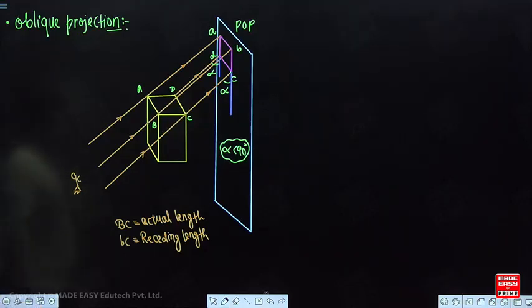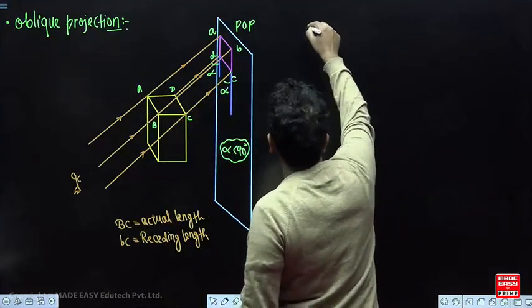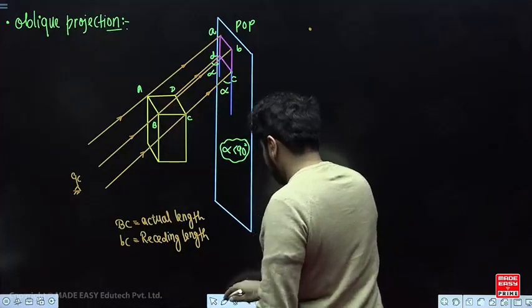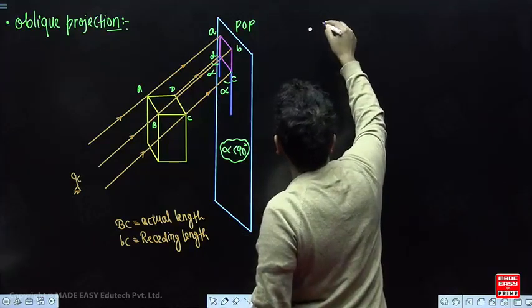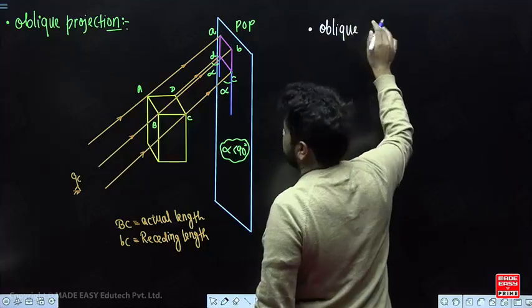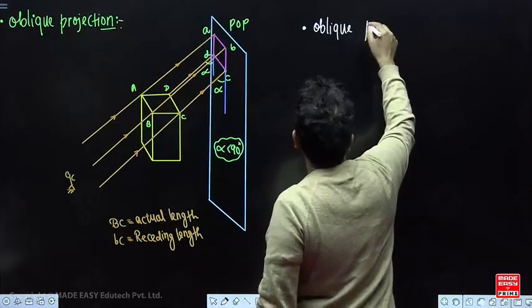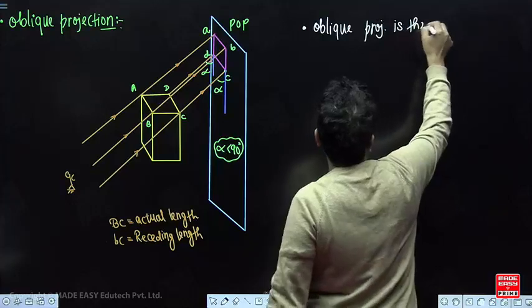Yes, this is the first slide, right. There are 2-3 points on which the question has been asked. The first point is about oblique projection itself. So what is oblique projection?